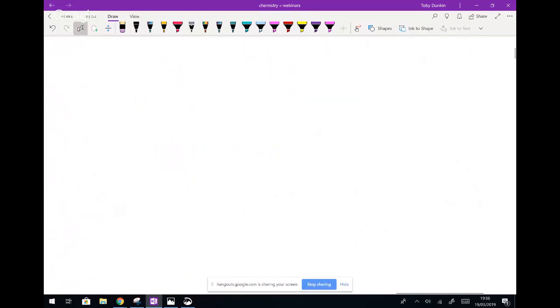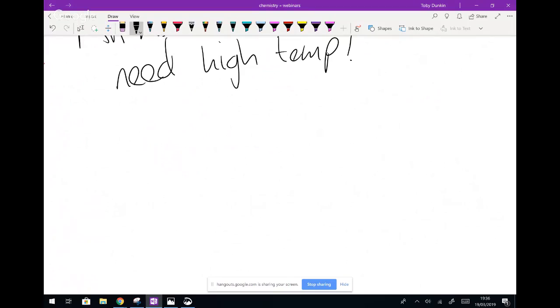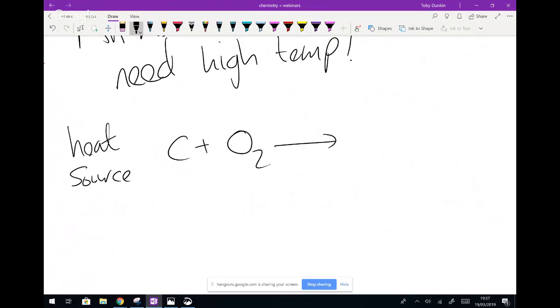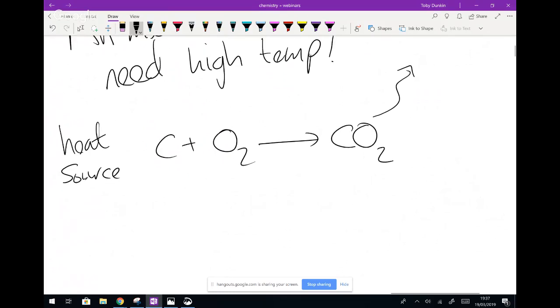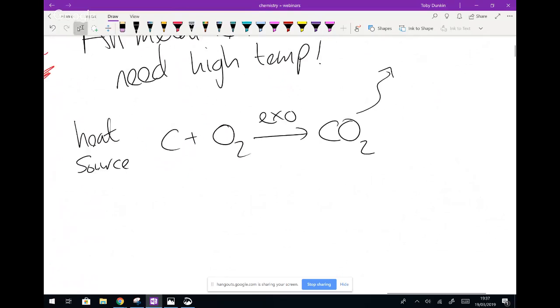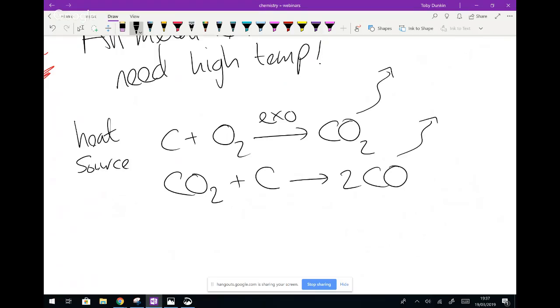The coke, which is carbon, is now the heat source. You set fire to it and the carbon burns to form carbon dioxide, which goes into the atmosphere, and that produces heat because it's exothermic. But some of it doesn't escape, and the carbon dioxide reacts with more carbon to make 2 carbon monoxides, and that produces heat as well.